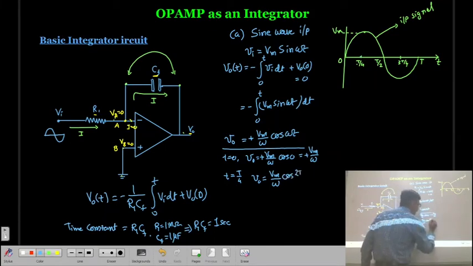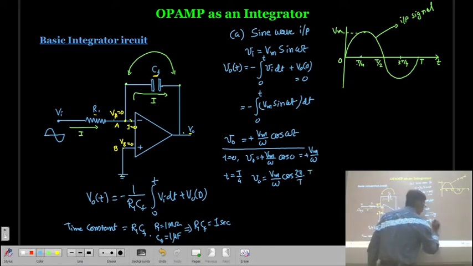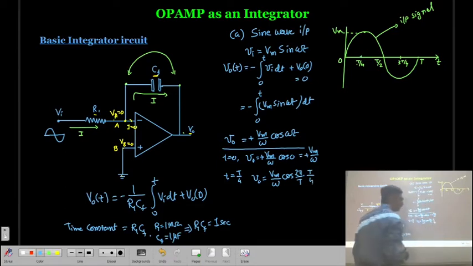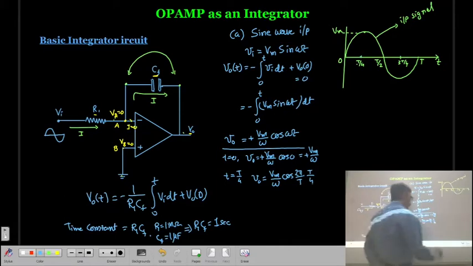Omega we can write as 2 pi by T, and I am calculating this output voltage at T by 4, so here T will be cancelled and 2 pi by 4 is there, so it will be pi by 2, and therefore cos pi by 2 is 0, so we will have this output voltage 0.